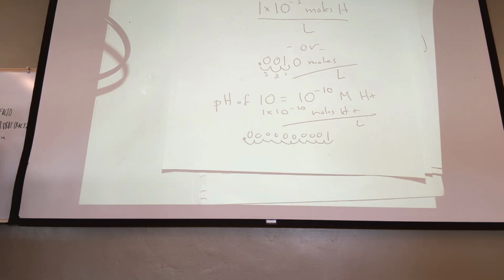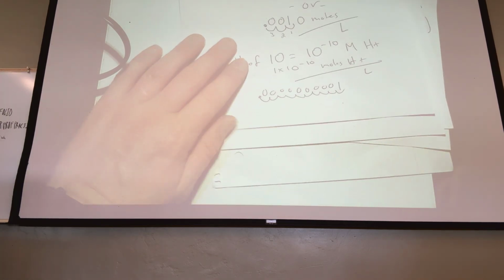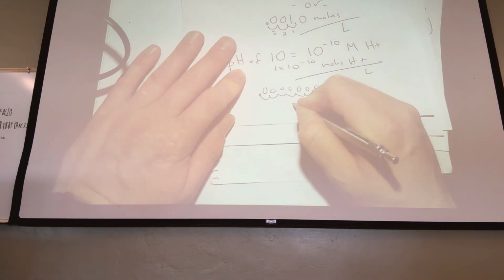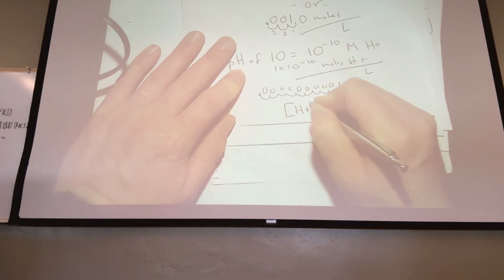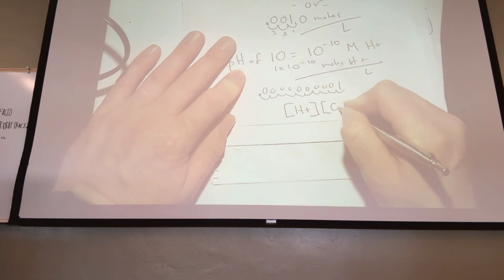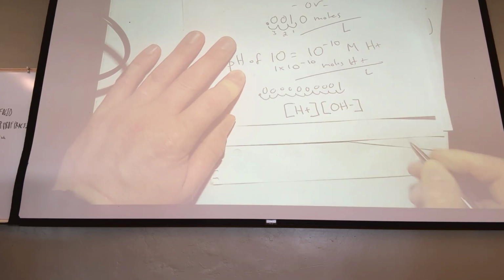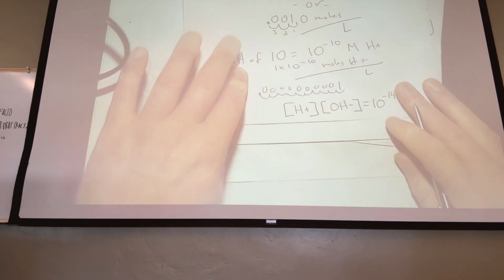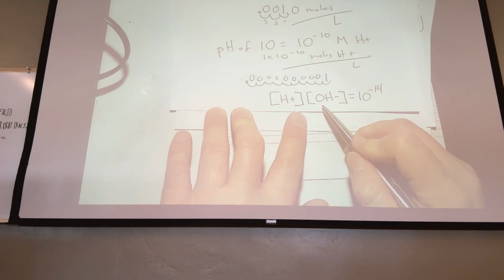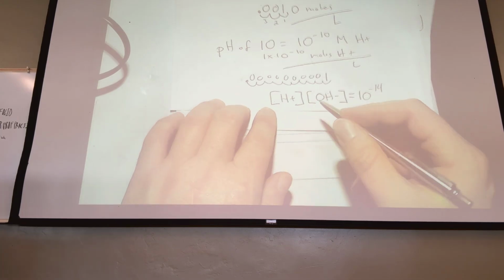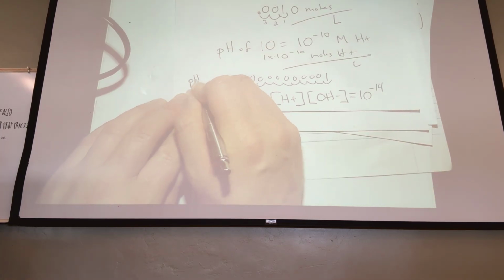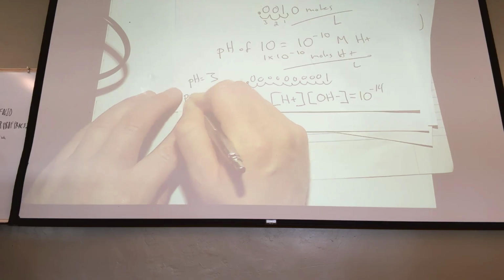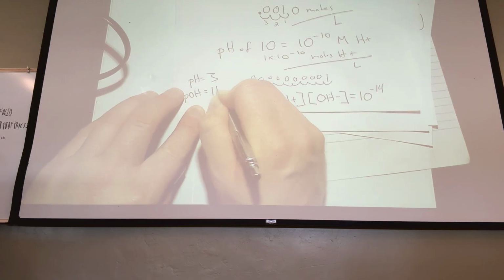Cool? All right. Now here's the last weird thing: in an aqueous solution, the concentration of hydrogen ions times the concentration of hydroxide ions will always equal 10 to the negative 14. They're in a balance. So if the pH equals 3, the pOH equals 11.